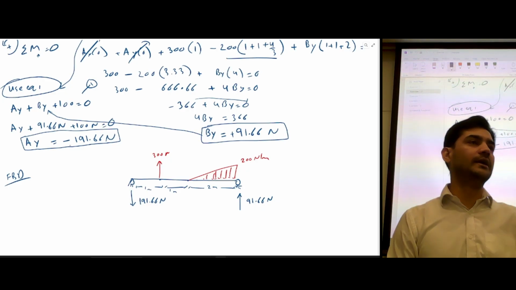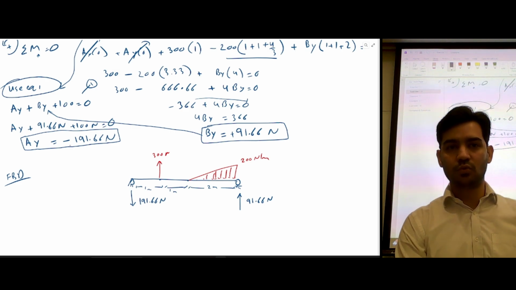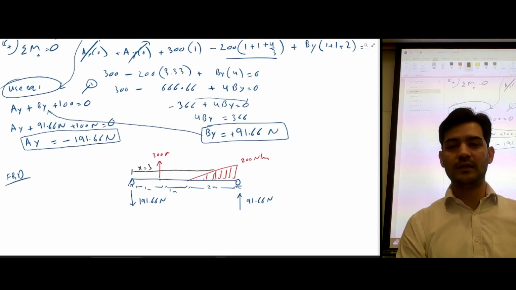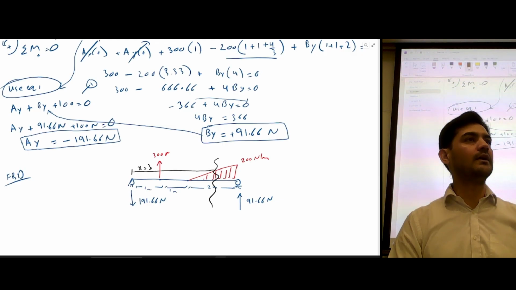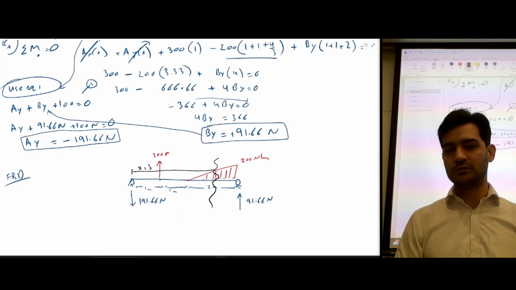Now we have to calculate the internal loads. So the question was, you go 3 meters from the left side and you cut a section. If you cut a section, you're going to expose the internal loads, and we will calculate those internal loads.